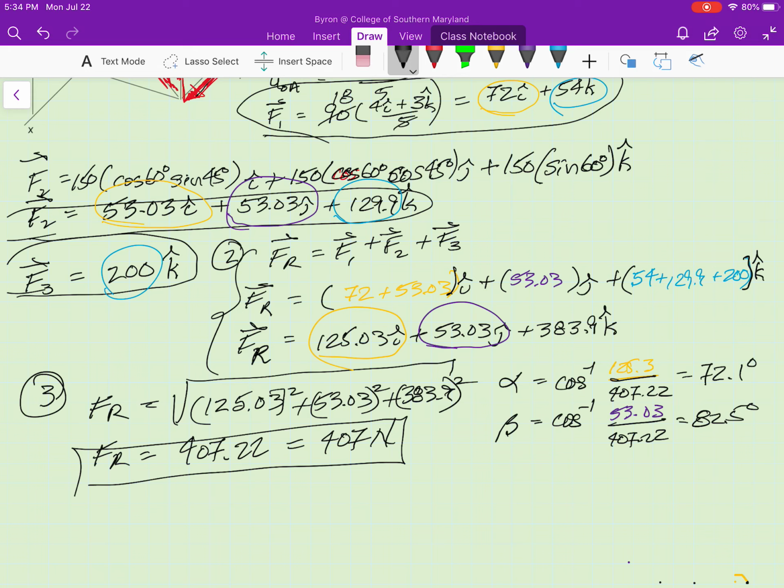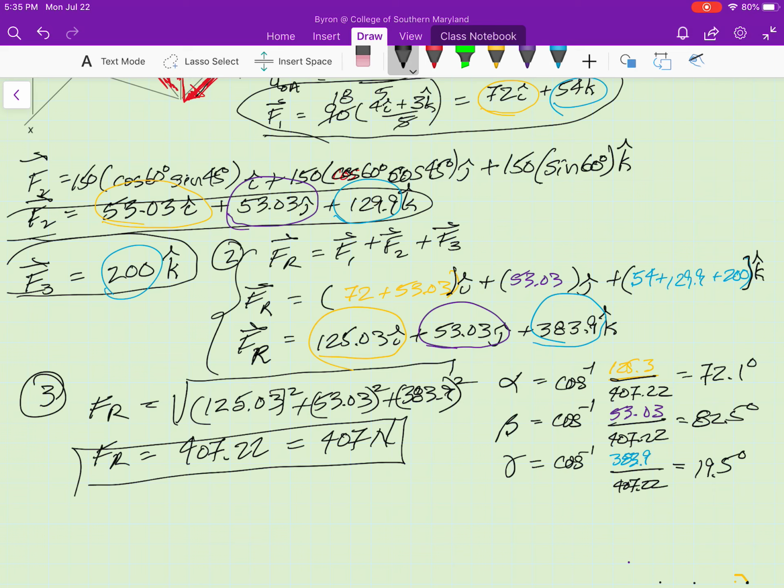And finally, gamma is the inverse cosine of my z or k component of the force resultant in Cartesian form, 383.9 over 407.22, and that math comes out to 19.5 degrees.